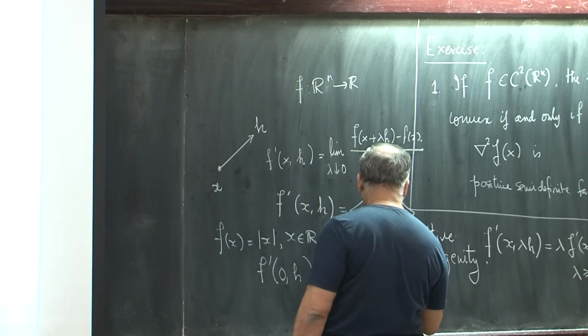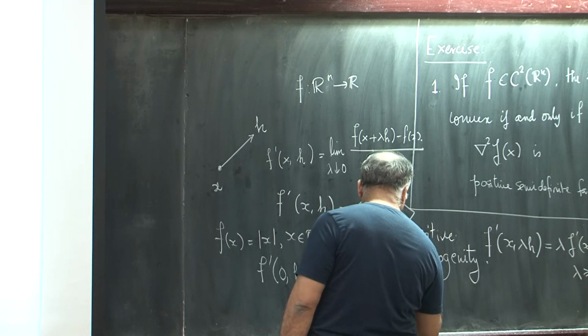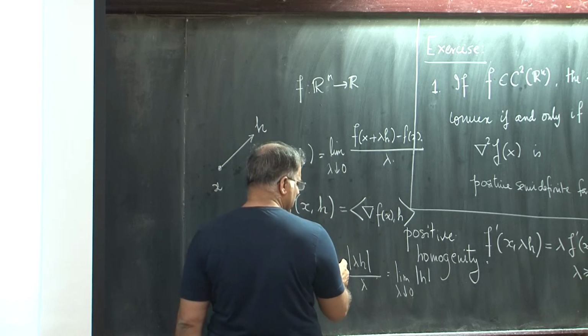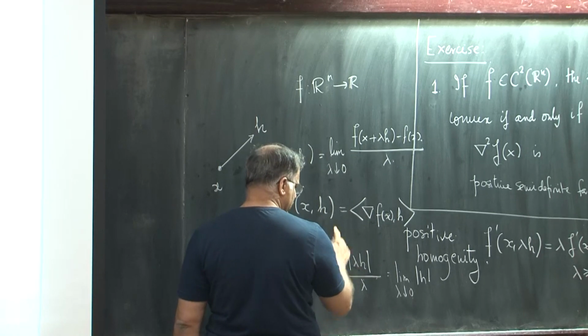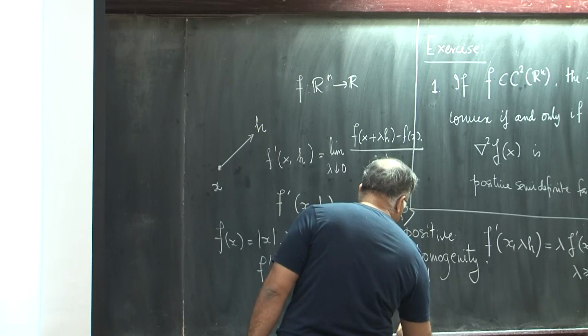Since lambda is positive, mod lambda comes out and cancels with the denominator. So it is mod h.